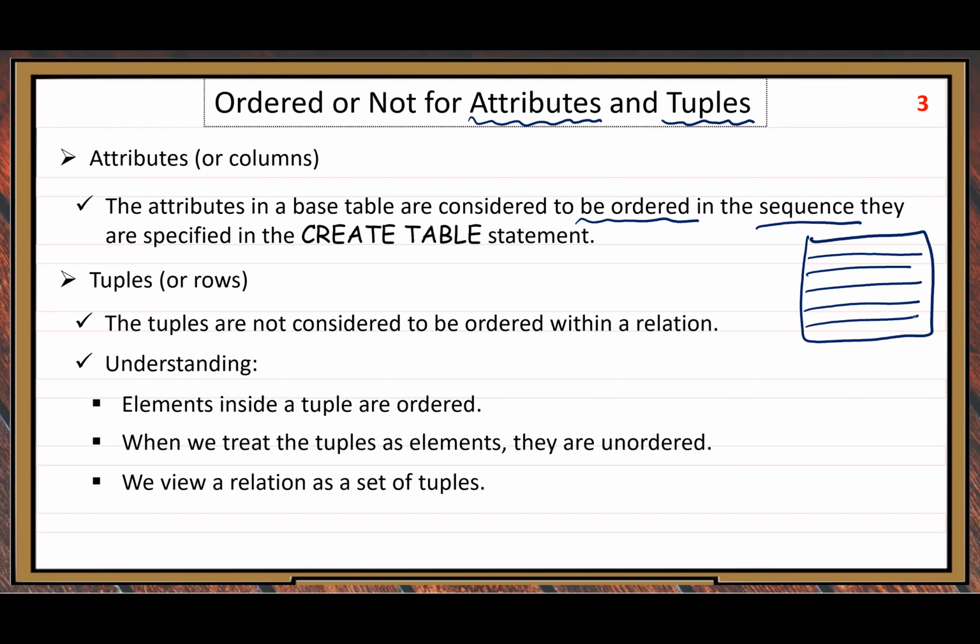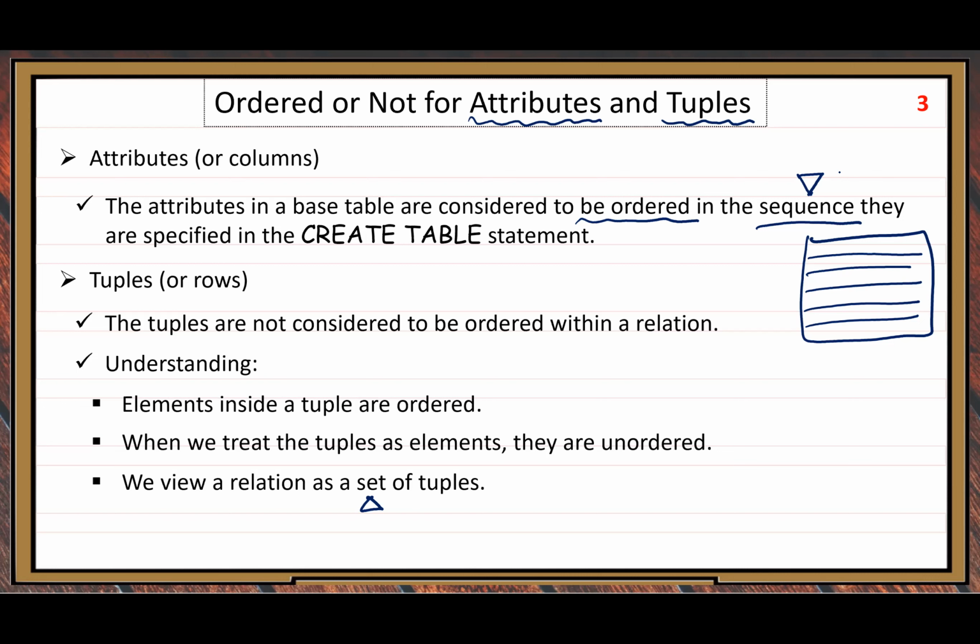We view a relation as a set of tuples. Here, the wording is important. Look at the word we use here, set, and the word we use in the other place, sequence. The main difference between a set and a sequence is the order property.